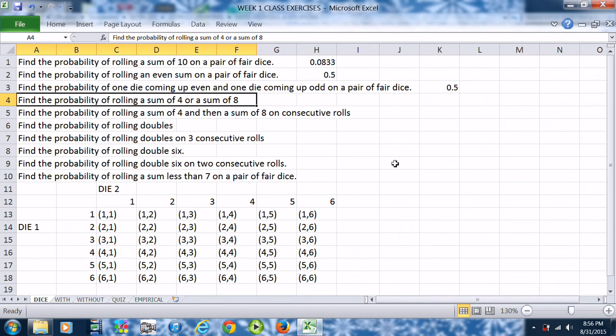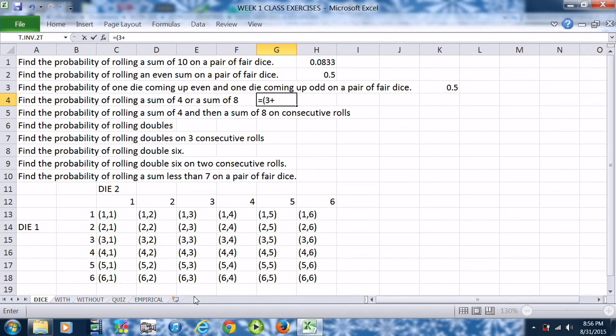Okay, how about the probability of rolling a sum of 4 or a sum of 8? This is an OR problem, so what we need to do is add together all the ways to get a sum of 4 and all the ways to get a sum of 8. To get a sum of 4, we have 3 and 1, 2 and 2, and 1 and 3. So 3 ways to get a sum of 4.